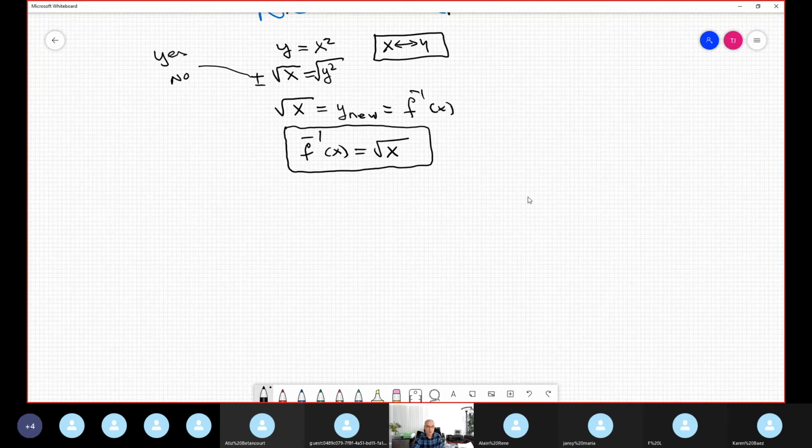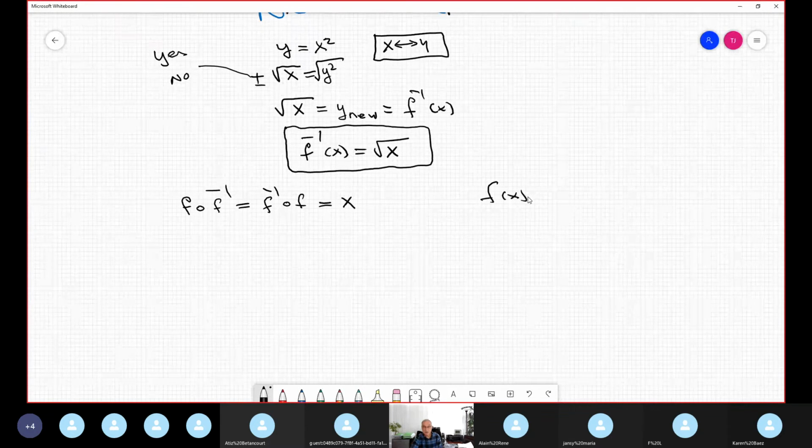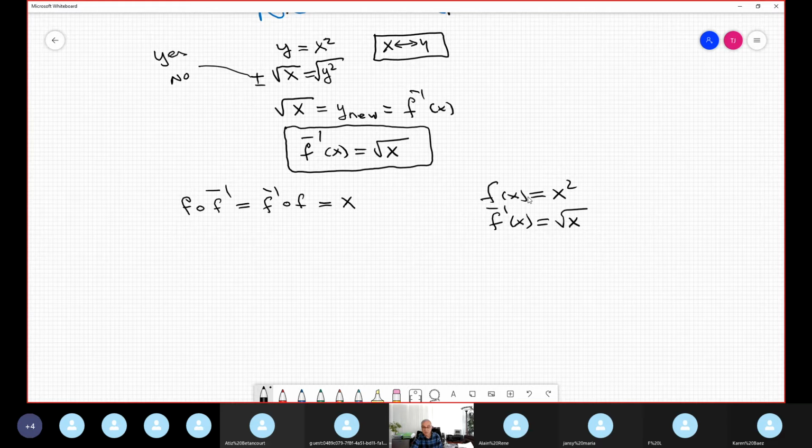Good, very good. Step 3 is verification. You do the composition in different orders, and the answer should be the identity, because the inverse function and the original function undo each other. Let's do it. f of x is x squared, and the inverse is square root of x. I want to verify whether this is true or not.